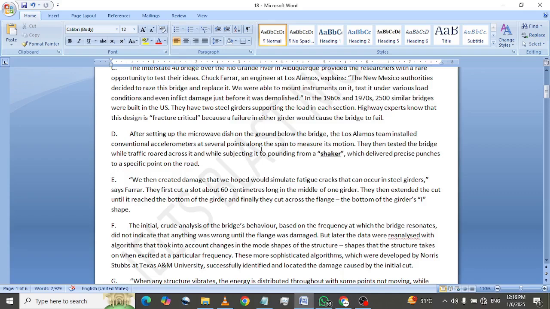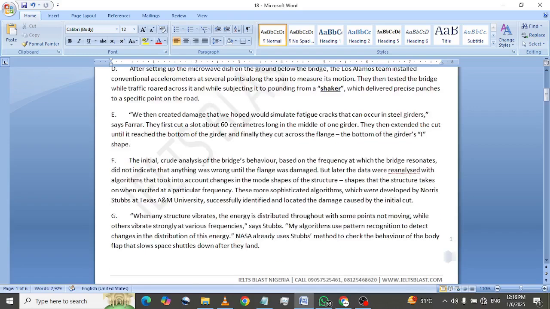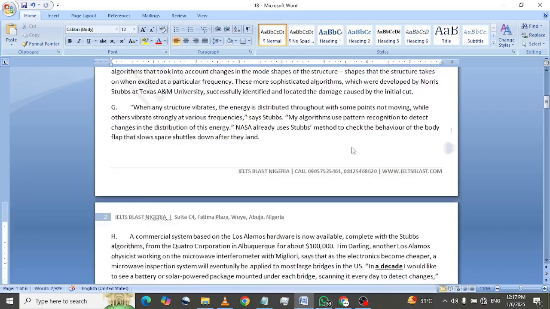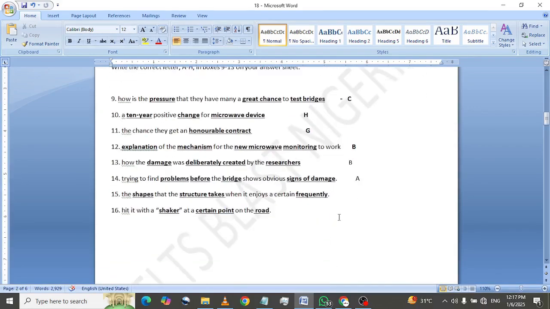They then tested the bridge while traffic roared across it and while subjecting it to pounding from the shaker. So you can see now that the answer here is just paragraph what? D, because there's no other place you will see anything that has to do with a shaker. So here, I will just come here by saying D as my answer.